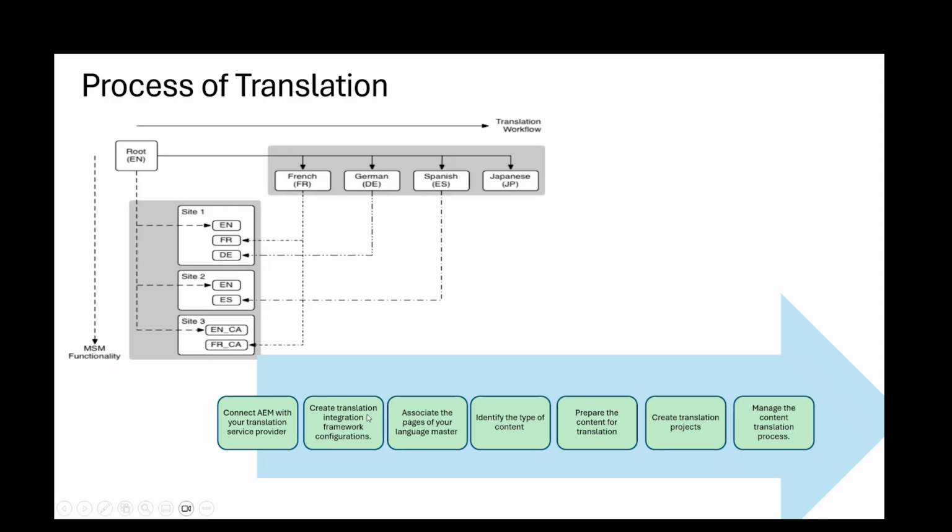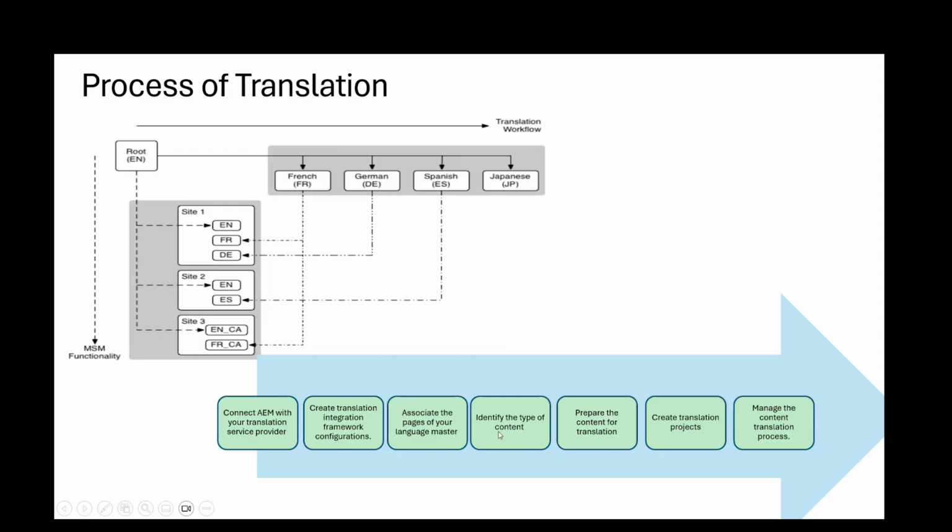And once that is available, you need to set up the translation related configuration. We will see soon how you can do that. You also need to apply that on the language master. Why on the language master? As all the languages are under the language master only, as you can see here where I have my cursor.